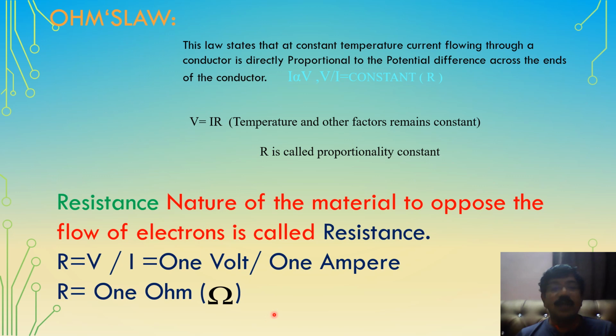If a potential difference of 1 volt allows a current of 1 ampere through a conductor, then the resistance of that conductor is equal to 1 ohm. 1 ohm is denoted with the symbol omega. So 1 volt potential difference across the conductor allowing 1 ampere current to flow through it means the resistance of that conductor is 1 ohm.